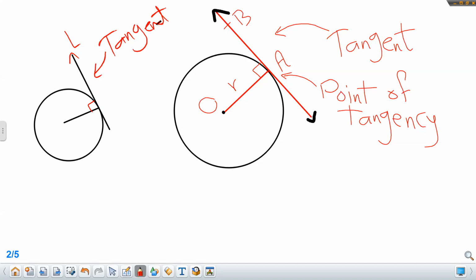Theorem number one says that if you have a tangent and a radius meeting at a point, they are perpendicular. But theorem two, which is the converse of theorem one, says that if a line is perpendicular to the radius at a point on the circle, then this line is a tangent.